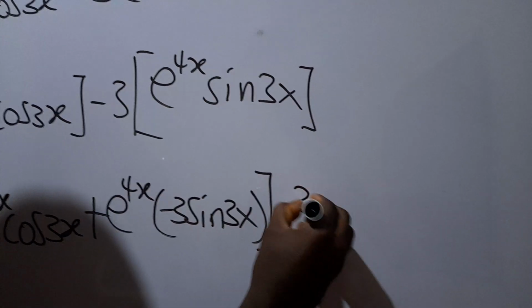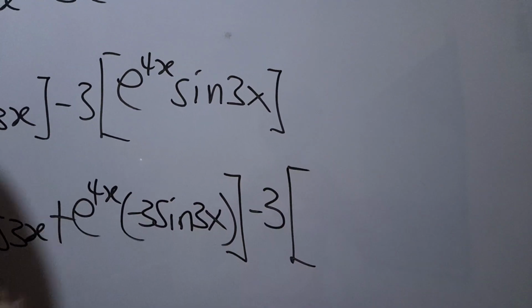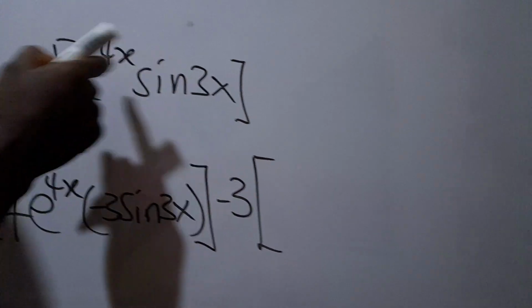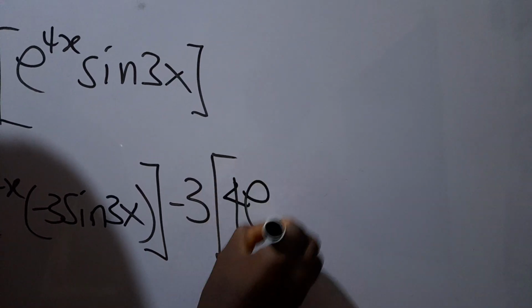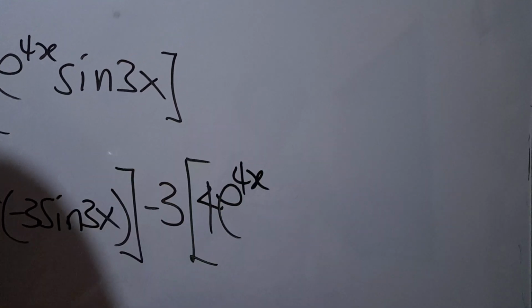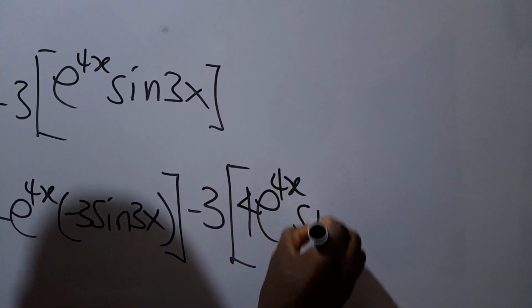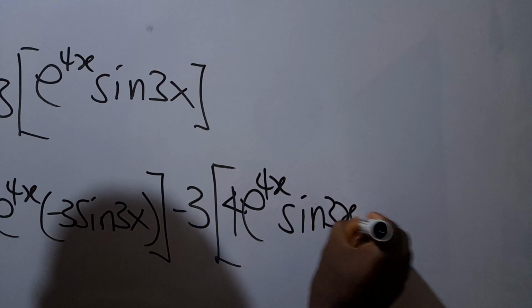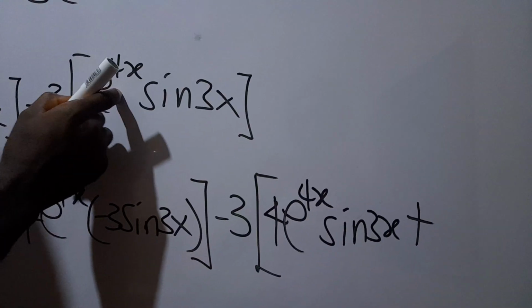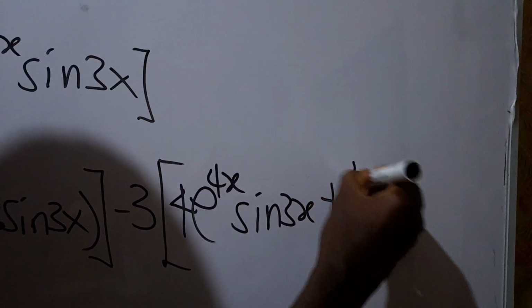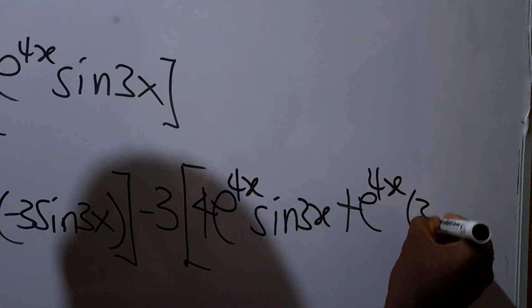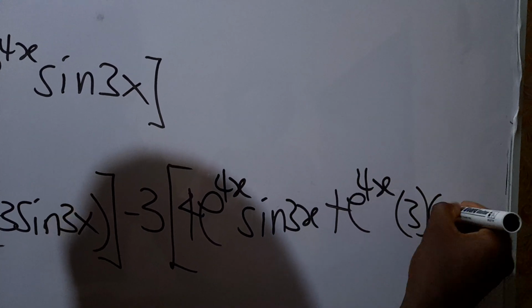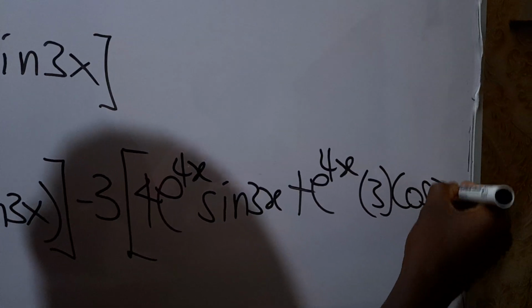Then minus 3. Now this, I'll keep my sin 3x and differentiate e exponent 4x. I'll get 4 e exponent 4x sin 3x. Then plus. Now keep my e exponent 4x and differentiate sin 3x. If I differentiate sin 3x, I'll get 3 cos 3x.